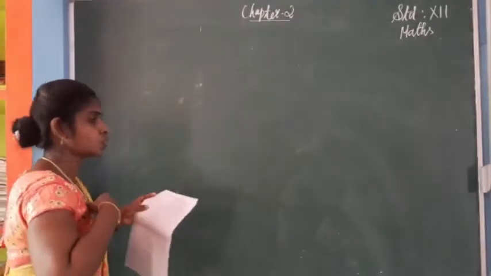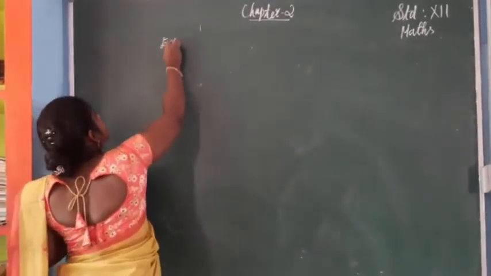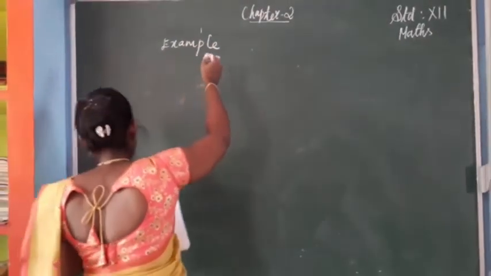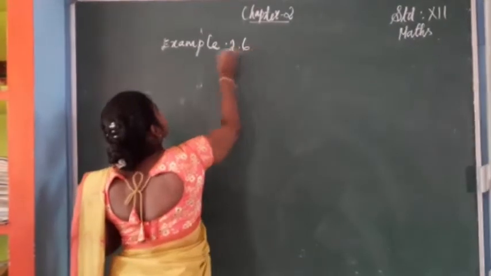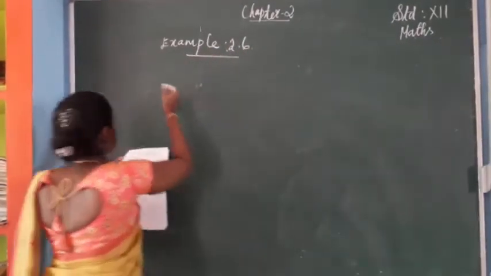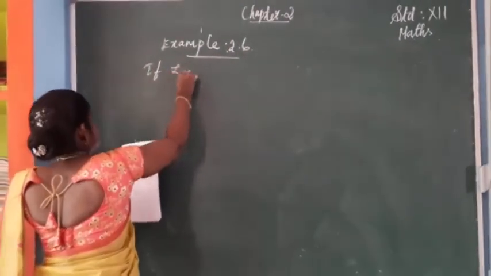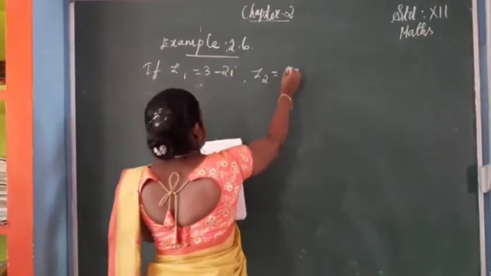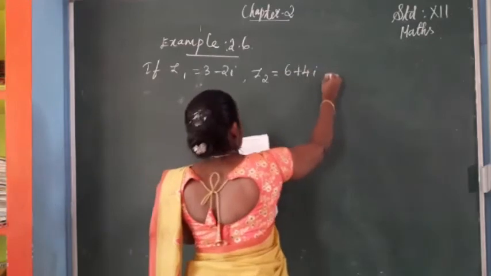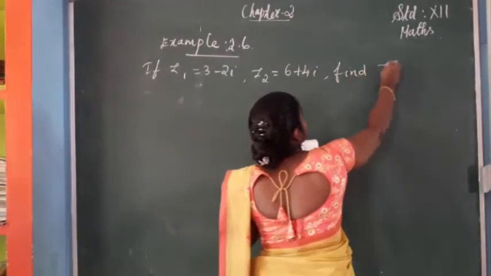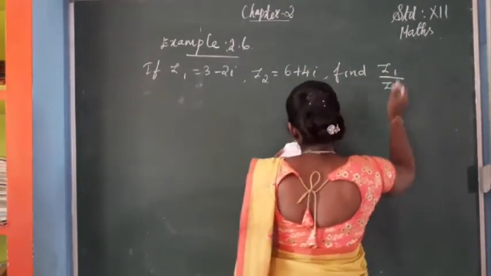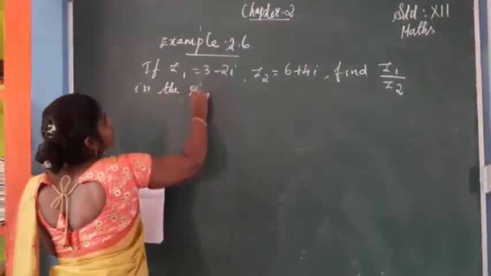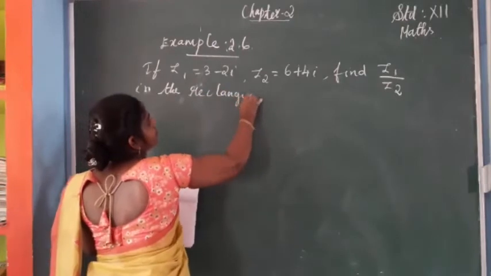Next example, 2.6. So if z1 is equal to 3 minus 2i, z2 is equal to 6 plus 4i, find z1 divided by z2 in the rectangular form.